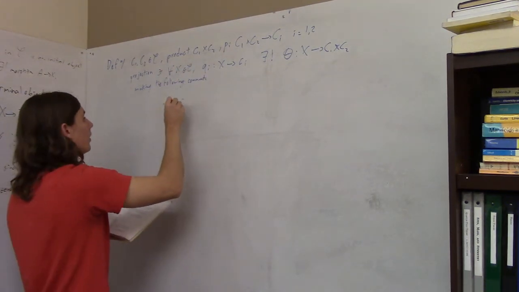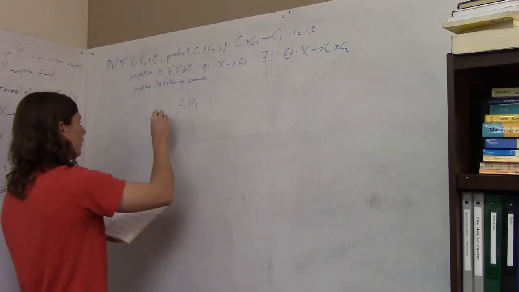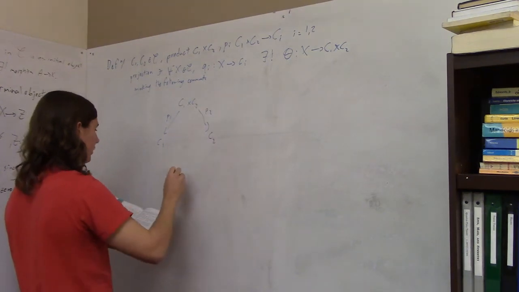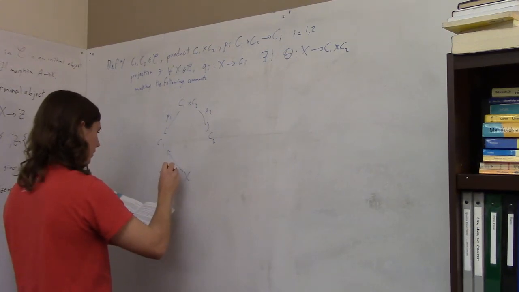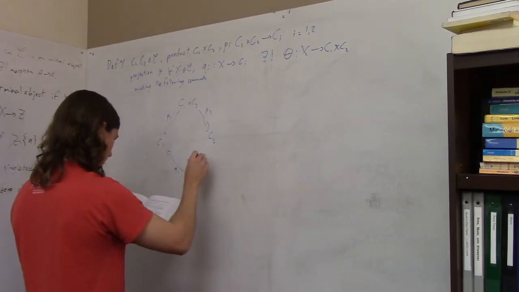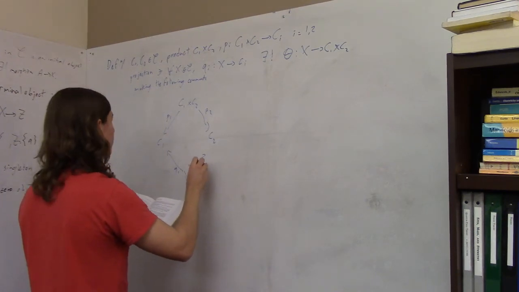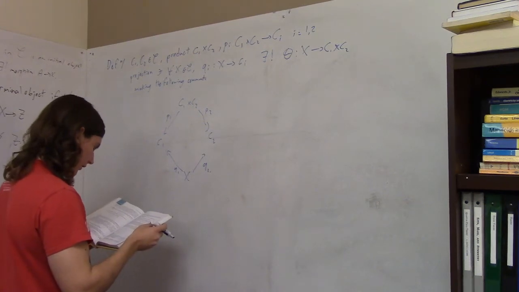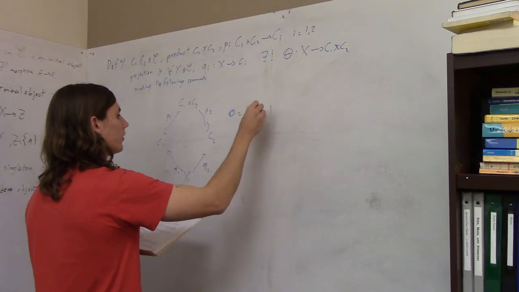So we have C1 cross C2, C1, p2, and we also have X, q1. And so theta is equal to q1 comma q2.